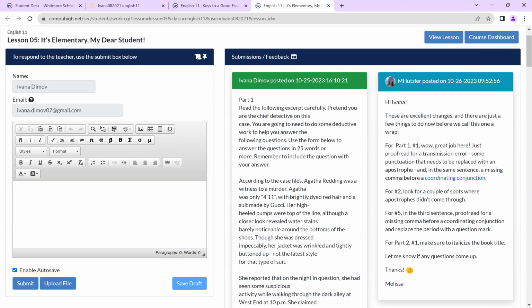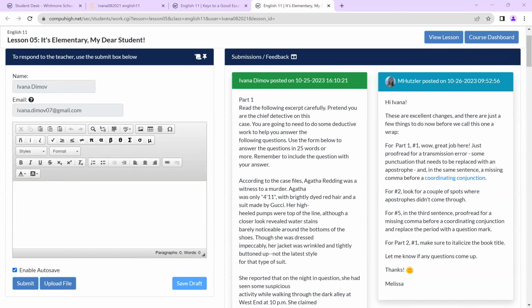So let's try to fix these one at a time. This was also related to maybe considering getting a Grammarly account, which I think would fix a lot of these issues. Lesson notes 5. Okay.